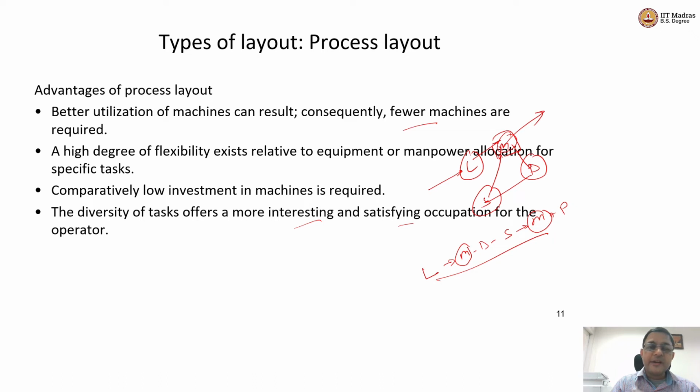Here, the operator may see a different variety of products, because the variety is quite large, and therefore the total job content of the operator becomes much more interesting, much more satisfying, because they are working on different products, different contracts. Remember the contract manufacturer, and therefore very specialized supervision is required. Unlike the common supervision required for the product layout, process layout requires very specialized supervision.